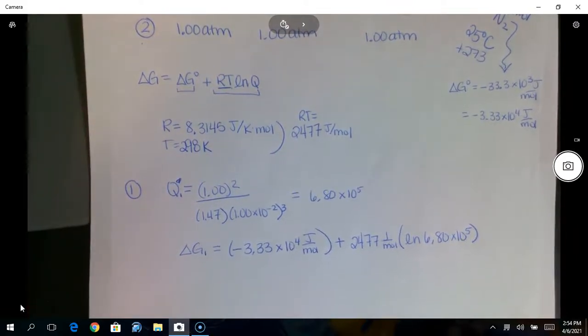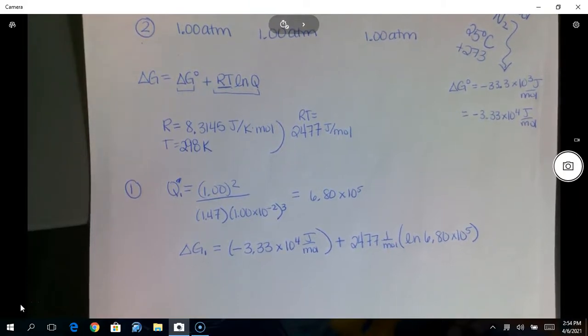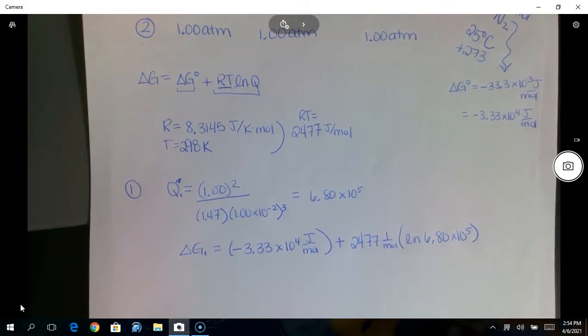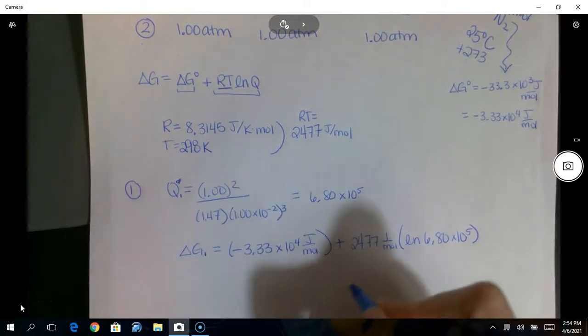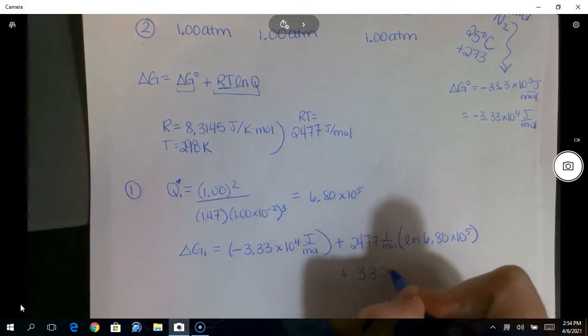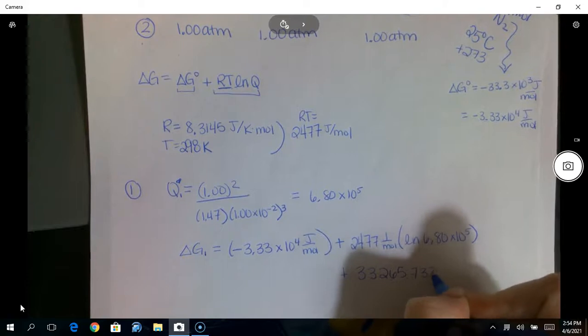So I've got 2,477 times the natural log of 6.8 times 10 to the fifth power. So this is plus 33265.73369.